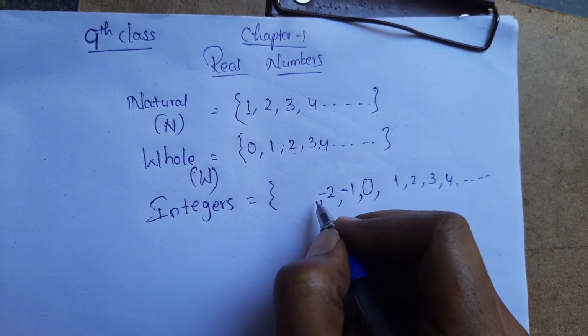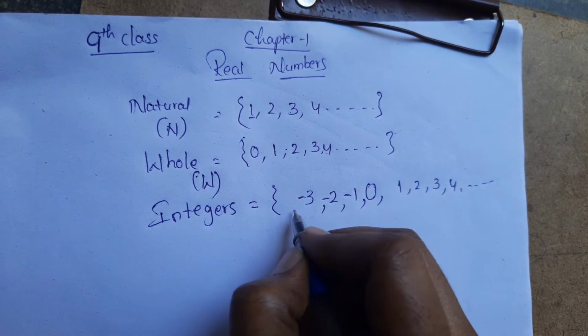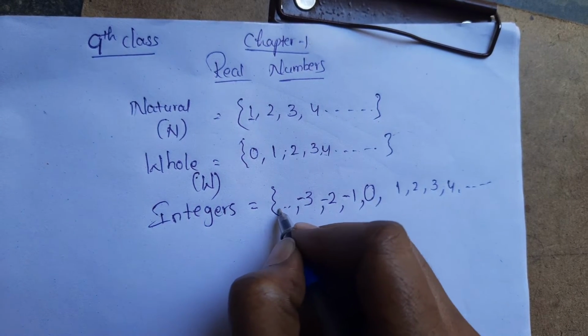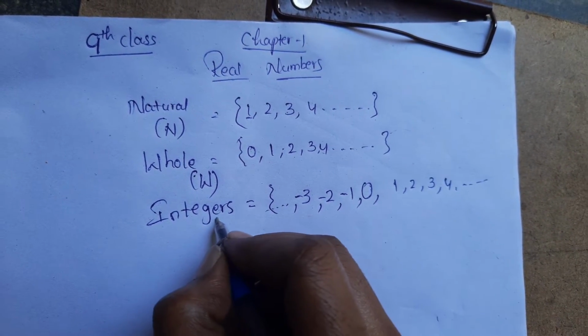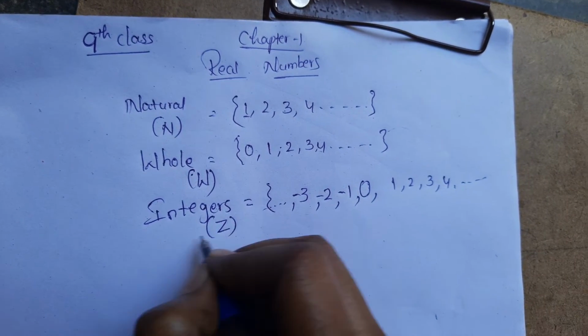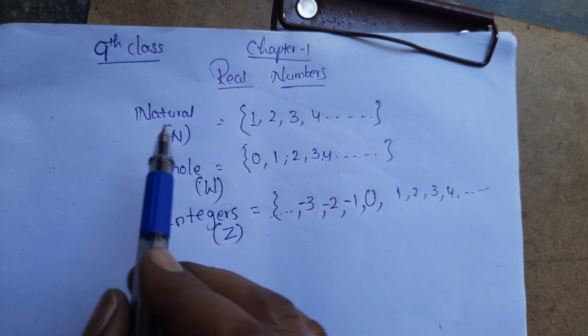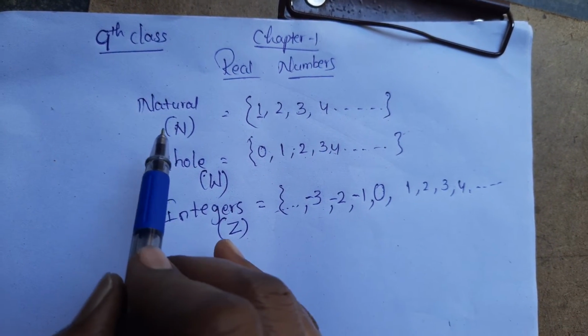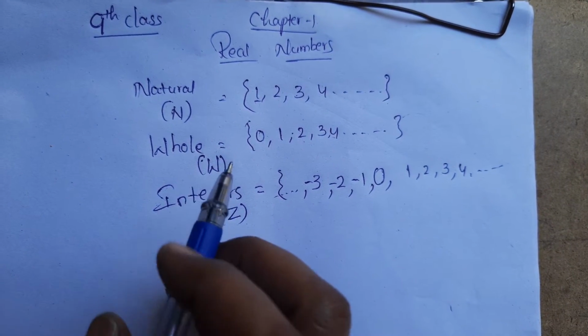Even on the number line we should write negative numbers on the left side: -1, -2, -3 and so on. These integers are denoted by the letter Z or I. Natural numbers are denoted by capital N and whole numbers by capital W.